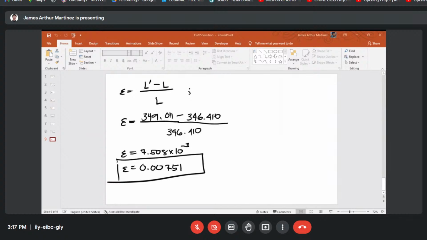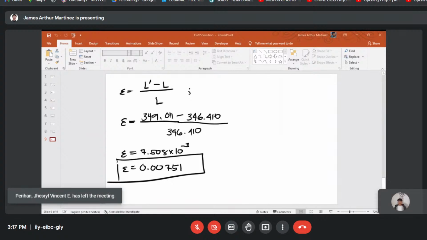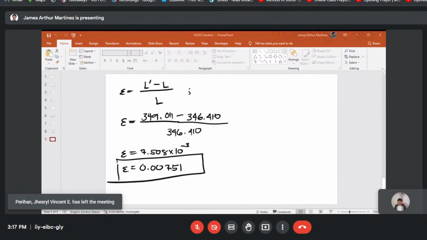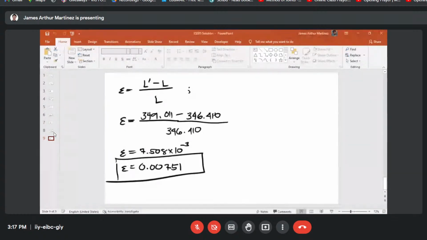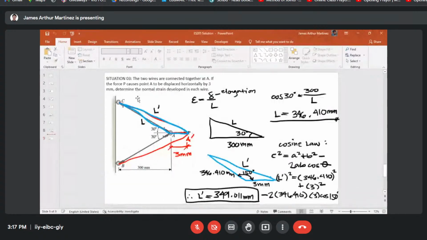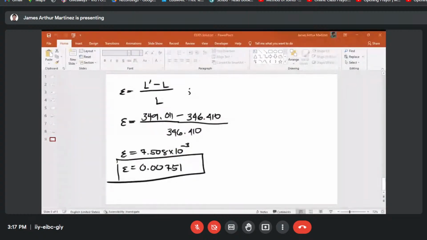Wait a moment, I will open the exam questionnaire. So, as we stopped last time at Situation 3, let's continue with Situation number 4.